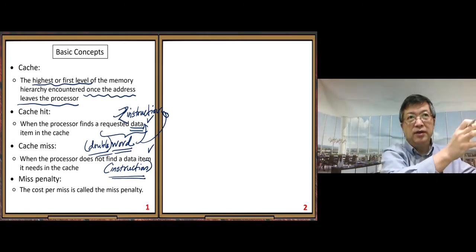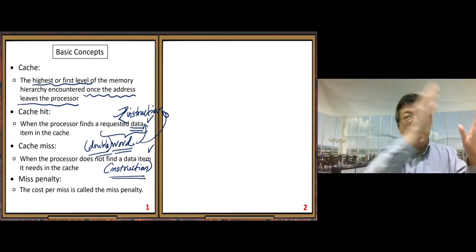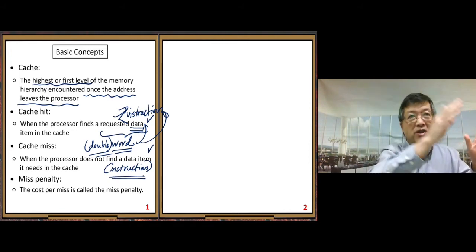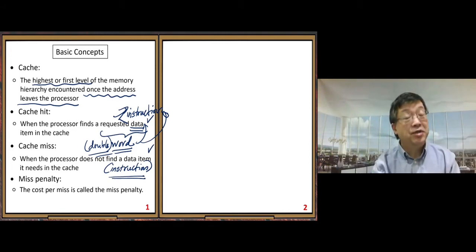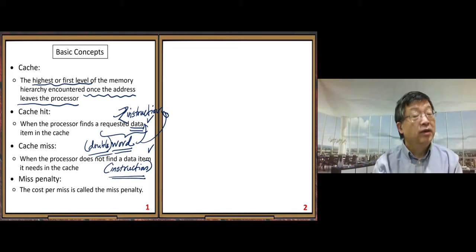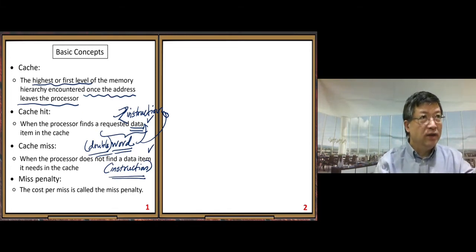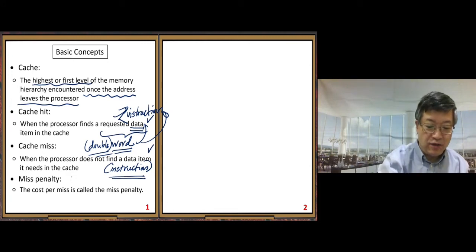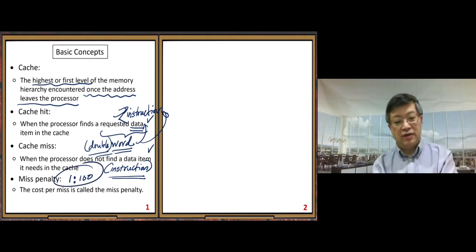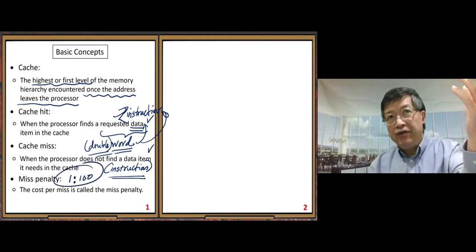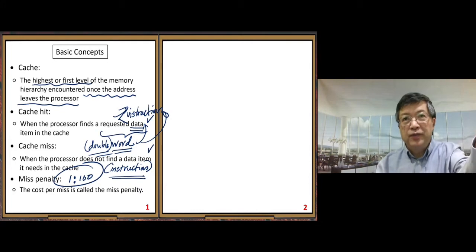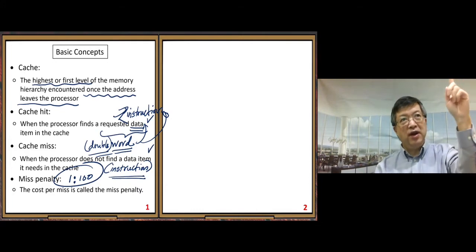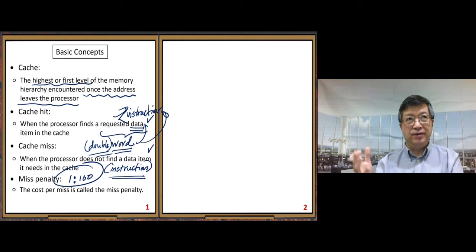Then the penalty. Let me give you an idea of the time scale difference. Usually 1 to 100. That big difference. If you have a cache hit, you just use one clock cycle, one CPU clock cycle, so you can get the data from cache into CPU.